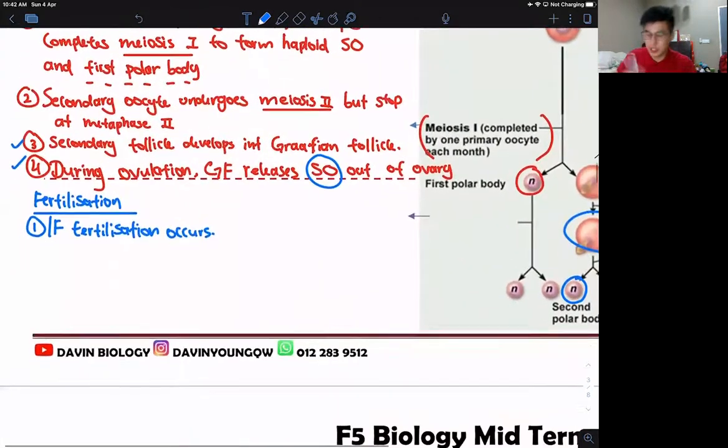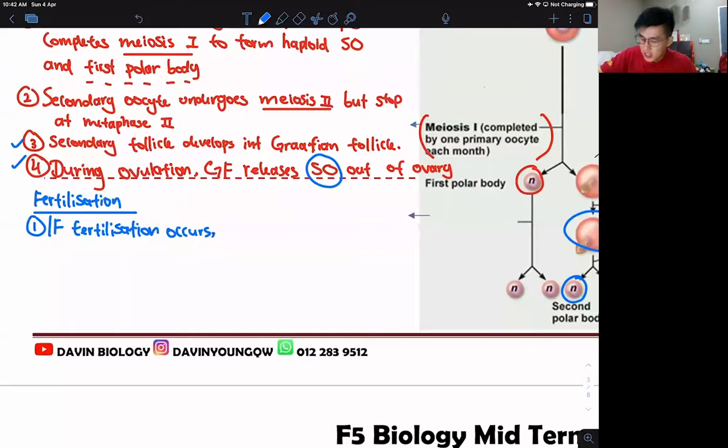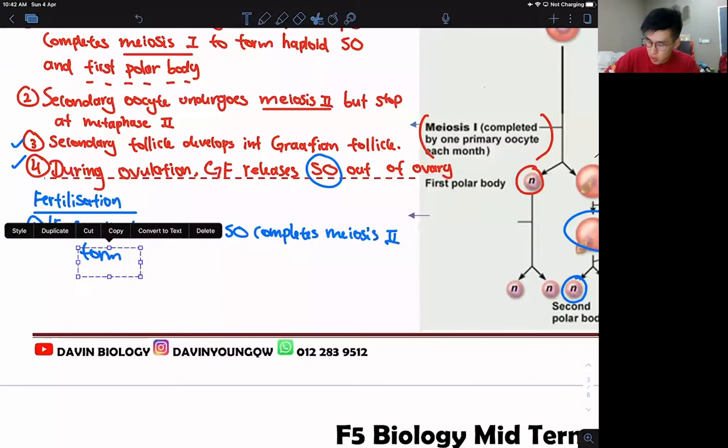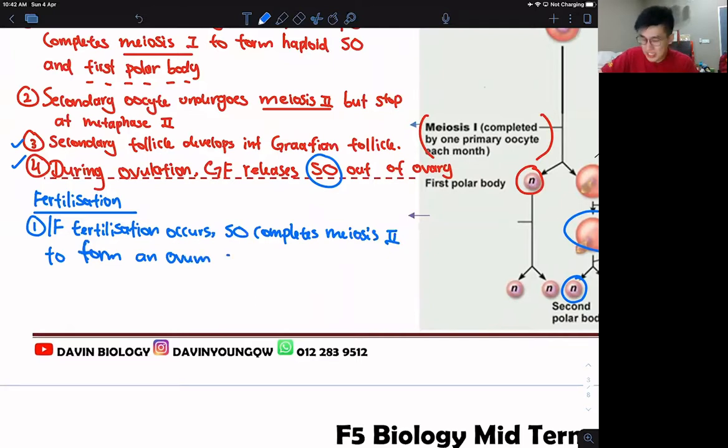So we just say if fertilization occurs, the secondary oocyte completes meiosis 2 to form an ovum, and also the second polar body, the second useless cell.